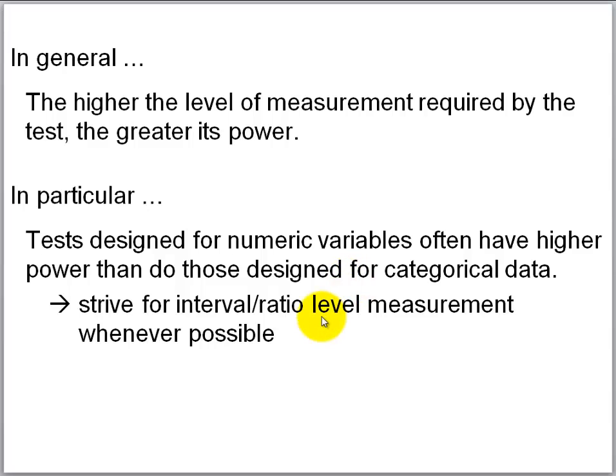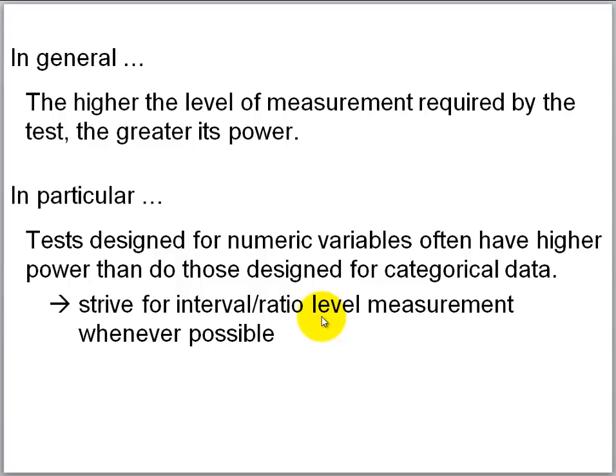For instance, if you thought height was going to be related to some other variable and you wanted to carry out a significance test, your power would almost assuredly be higher if you measured height in inches, which is to say at the interval ratio level, rather than simply asking people, are you short, medium, or tall?